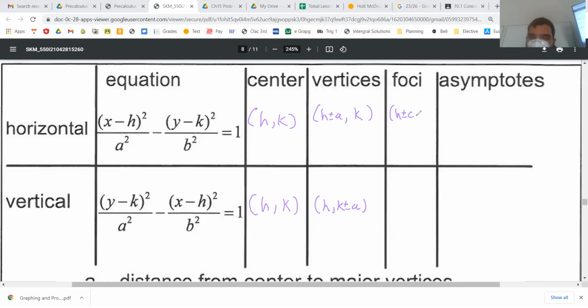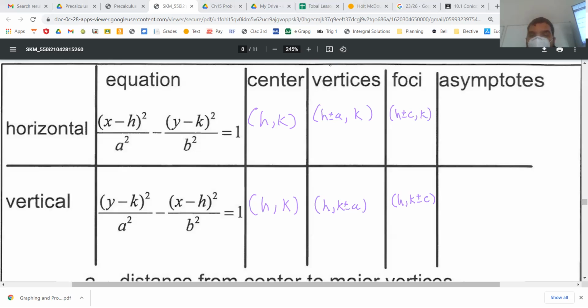I already talked about it when I had the picture, that the C is the distance between. Now, what's very different, just remember, in the ellipse, A was bigger than C before. Now, C is bigger than A.